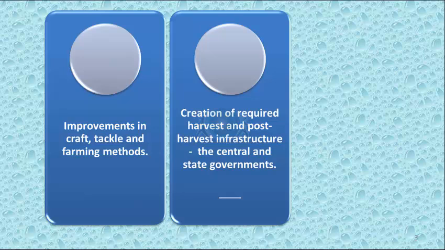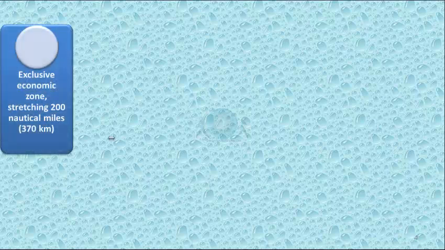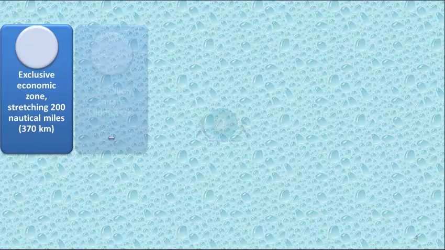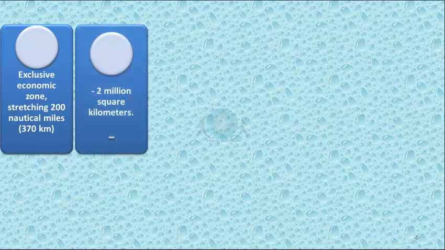All this has been inducing a steady growth. To harvest the economic benefits from fishing, India is adopting the exclusive economic zone, which stretches 200 nautical miles, that is 370 kilometers, into the Indian Ocean, and it encompasses more than 2 million square kilometers. The potential annual catch from the area has been estimated at around 4.5 million tons.